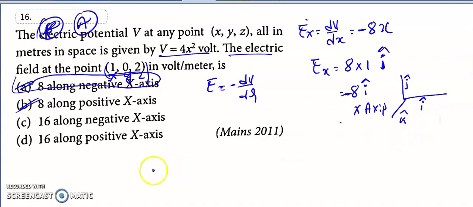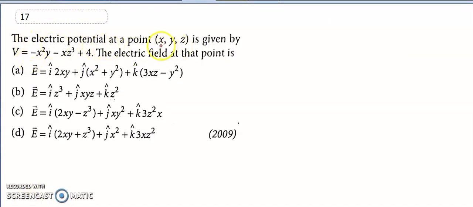So let's move to the next question. The electric potential at the points X, Y, Z is given. This is a potential. So the electric field at that point is the question.